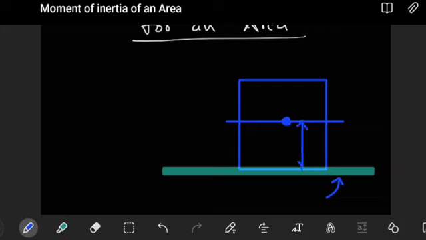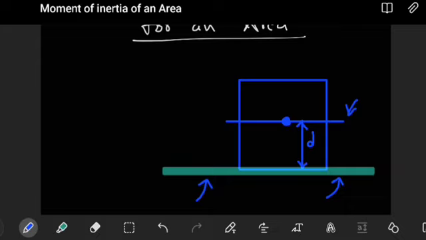So if we know this distance, let's label this as a distance d, we can use it and the moment of inertia about the centroidal axis to calculate what the moment of inertia about this new axis is going to be. This is where the parallel axis theorem comes in. Now, why is it so helpful? Well, in most cases, you will be provided with the moment of inertia about the centroidal axis.